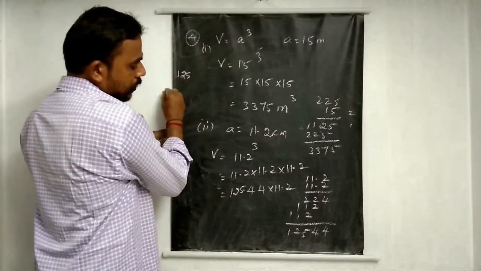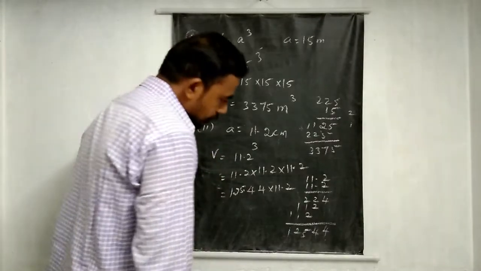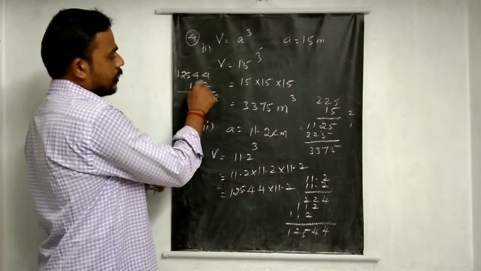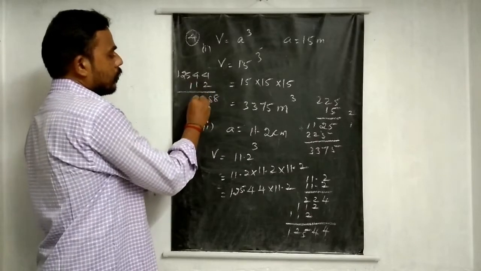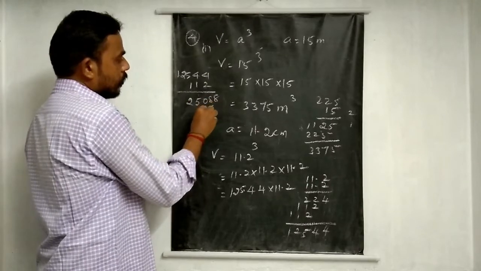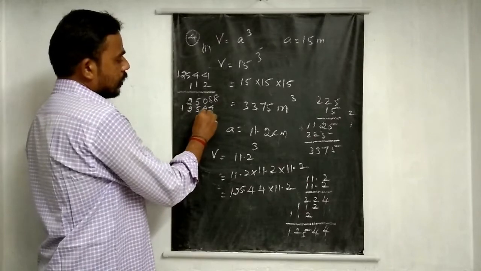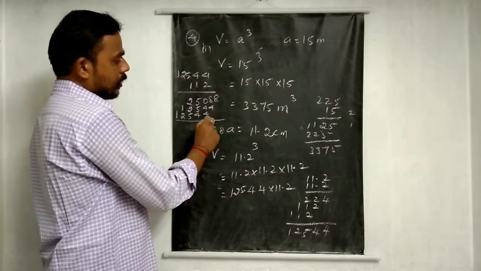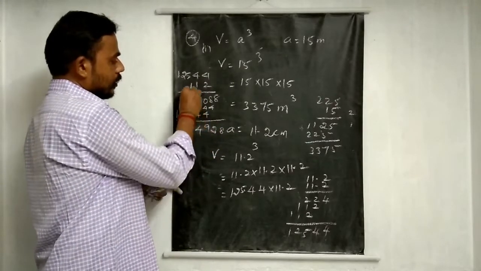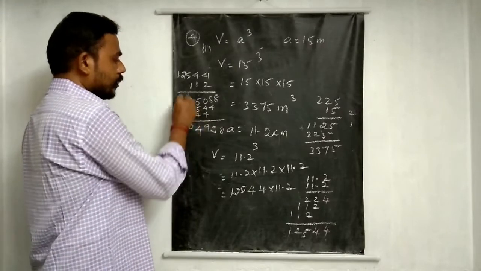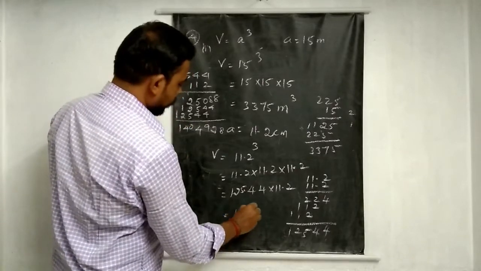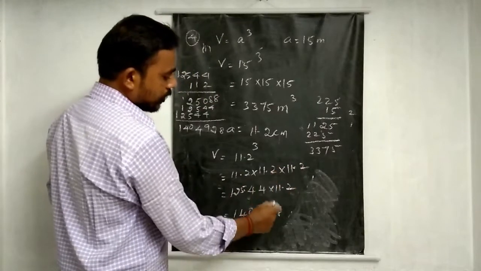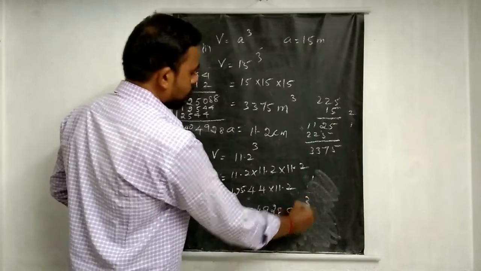The result is 1404.928, 3 decimals, centimeter cubed. So multiplication, that's all.